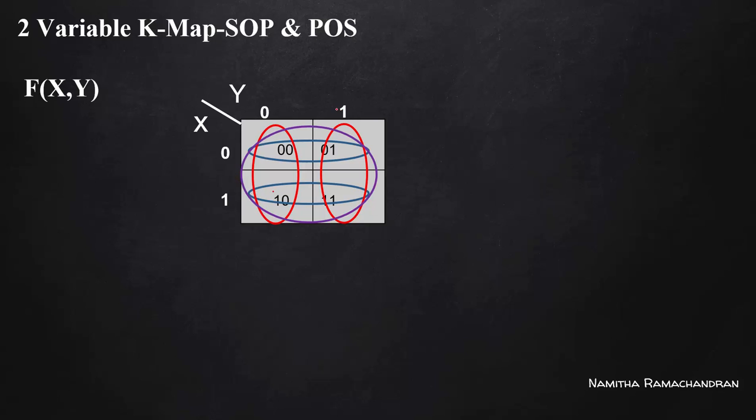Next is a group that contains all 4 cells together in a single group. And also we can consider a group with a single cell, which means 2 to the power 0. So these different groups are possible in this 2 by 2 Kmap or 2 variable Kmap.